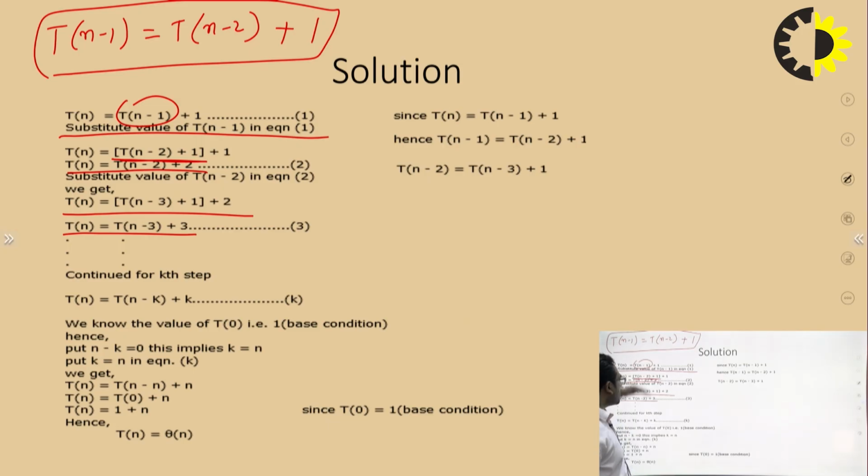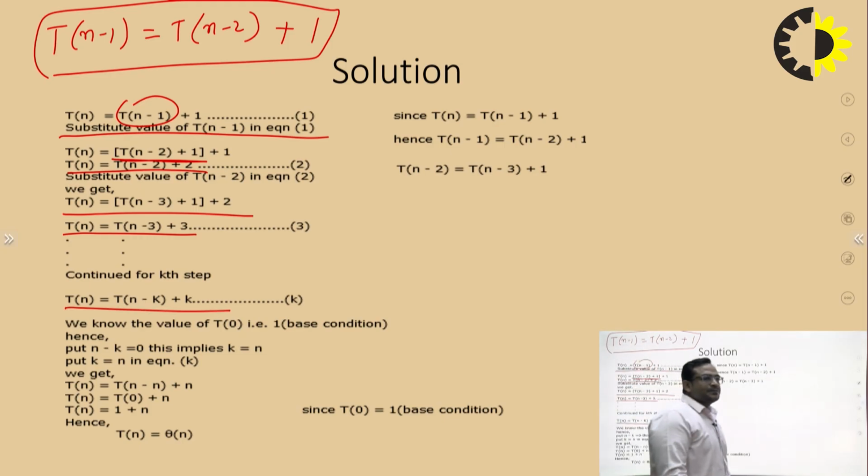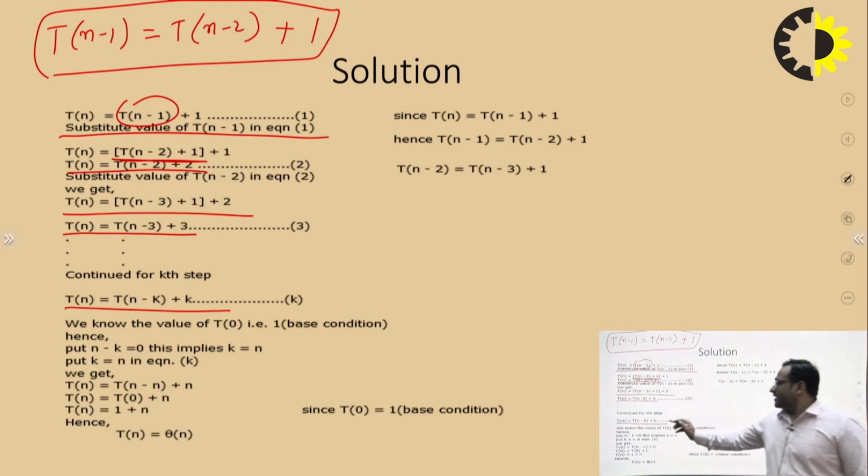If you observe, the first time the function is called it is T(n minus 1) + 1, the second time T(n minus 2) + 2, the third time T(n minus 3) + 3. So after the kth step, the equation is T(n) = T(n minus k) + k, and at the kth step it terminates.